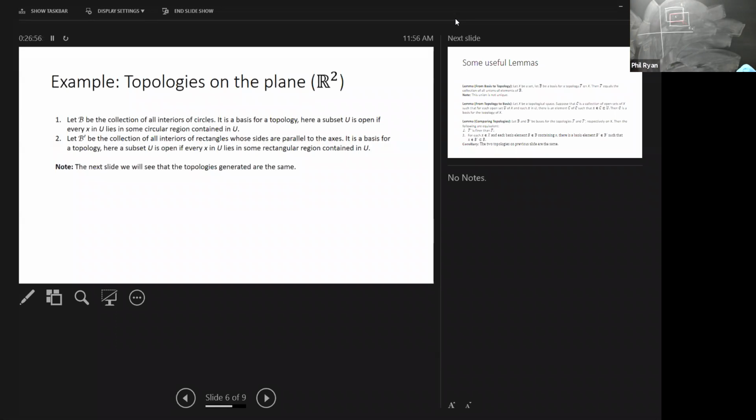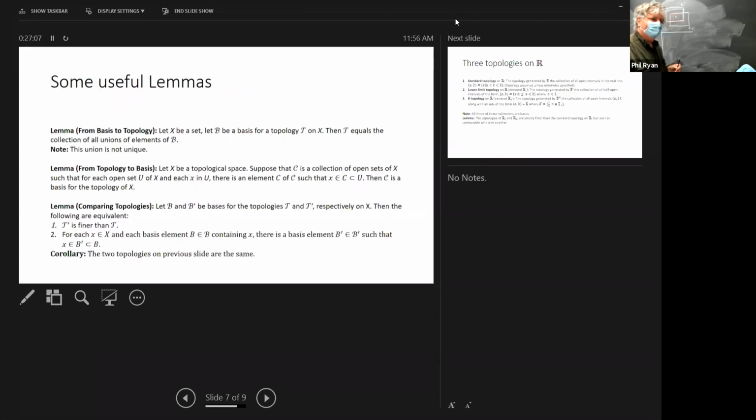Because to start with, you might think, well, how would we prove that? So that's why we have the next collection of lemmas. These are some workhorse kind of lemmas that you're going to use to actually prove things.